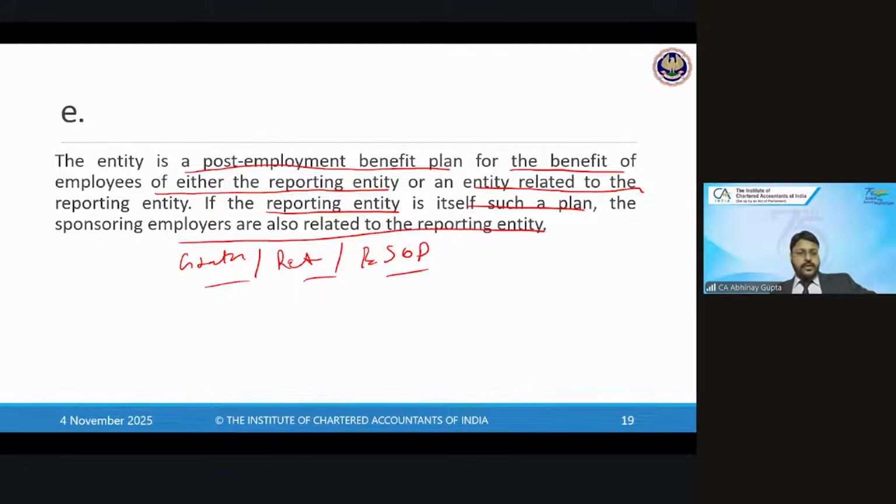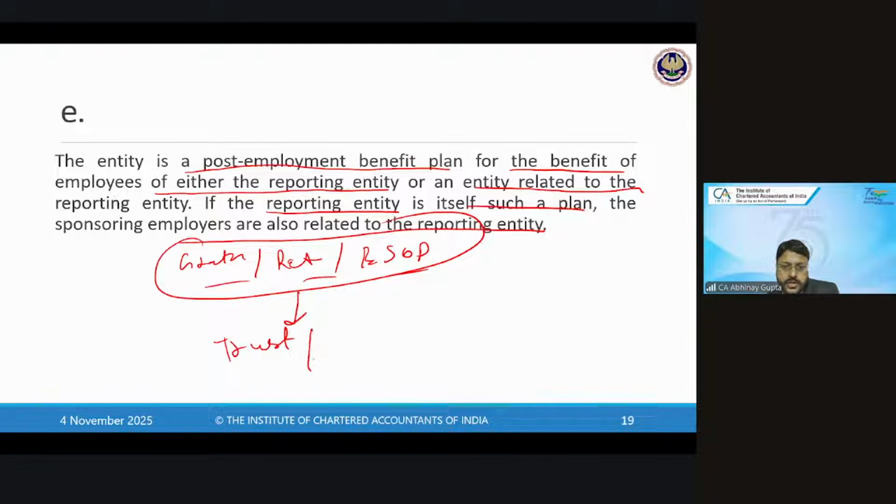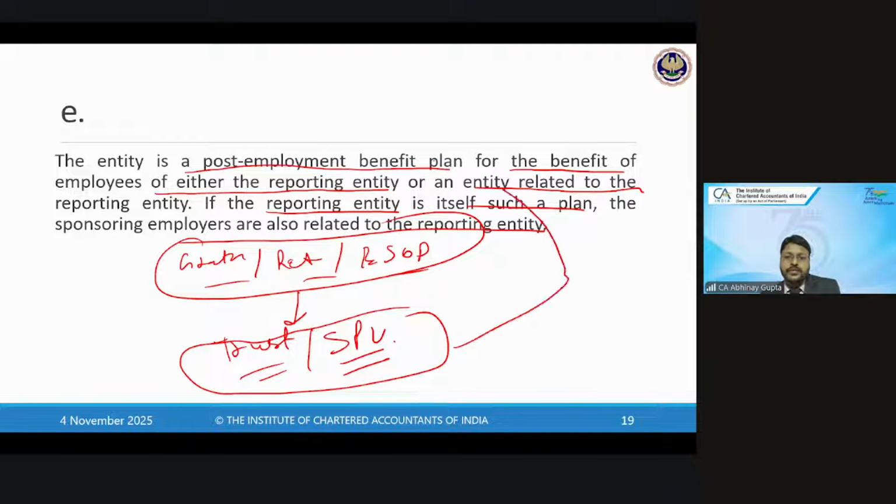Then that particular gratuity plan or retirement plan or ESOP or provident fund, pension fund, whatever the nature, the objective being to give retirement benefits or post-employment benefits to the exiting employees of the entity, is structured through a separate vehicle, for example a trust or some other special purpose vehicle. All these trusts and SPVs are working under whose supervision or direction? The company itself.